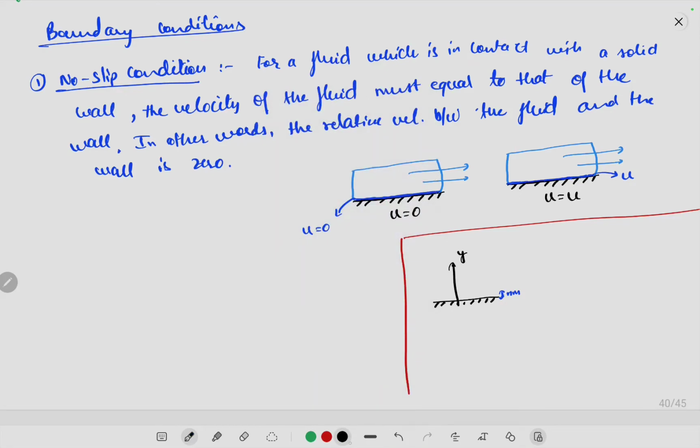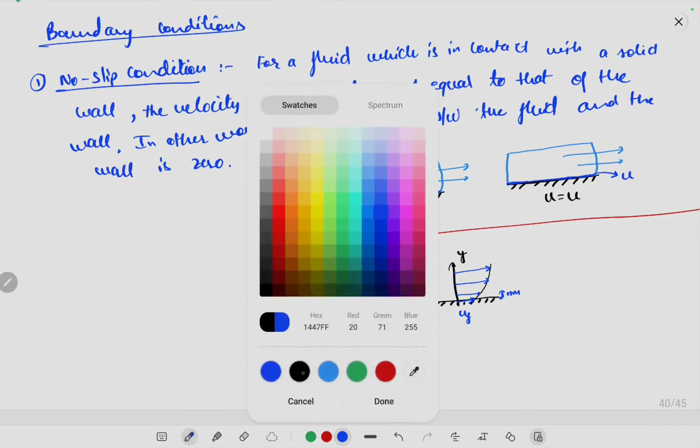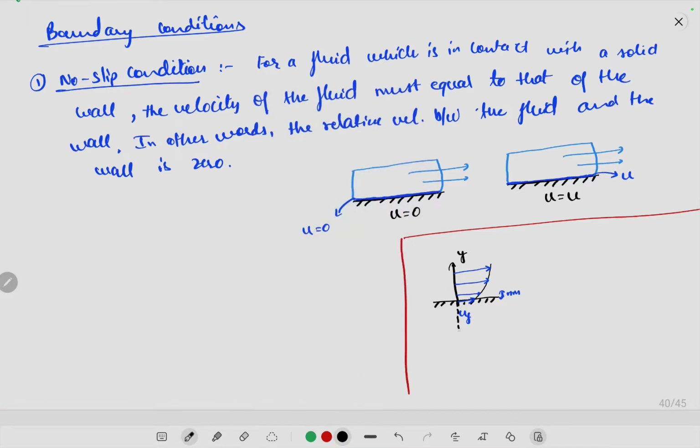So let's say this is your y, and let me draw it like this. Let's say the velocity profile is like this, and let's say this is your UF. Okay, and let me extrapolate this y-axis down to the solid.